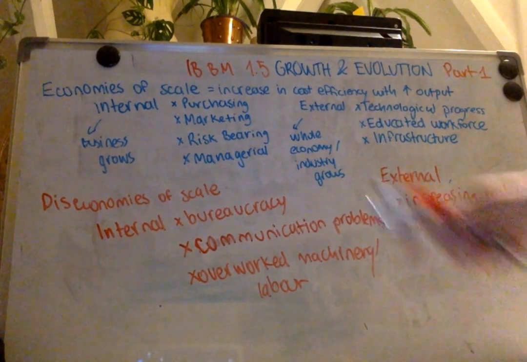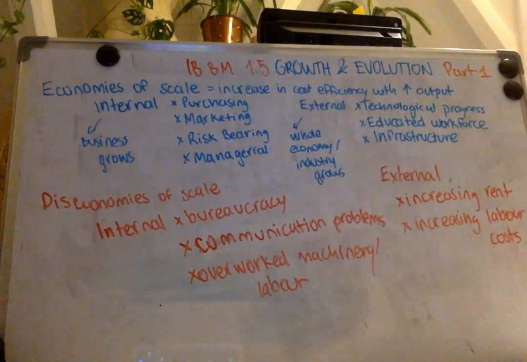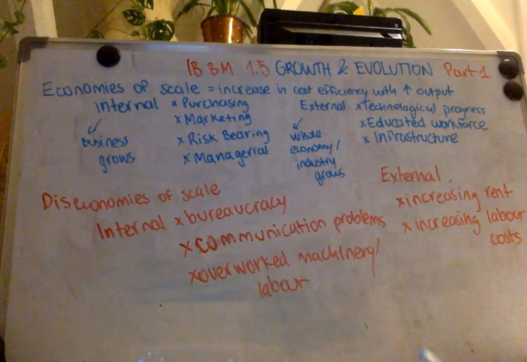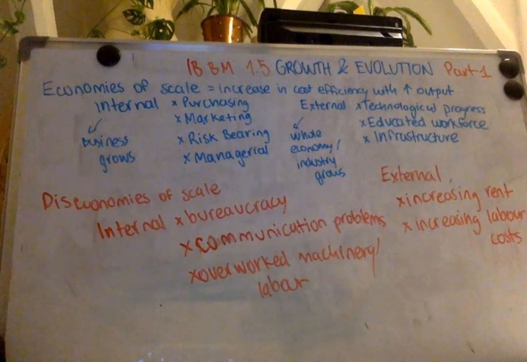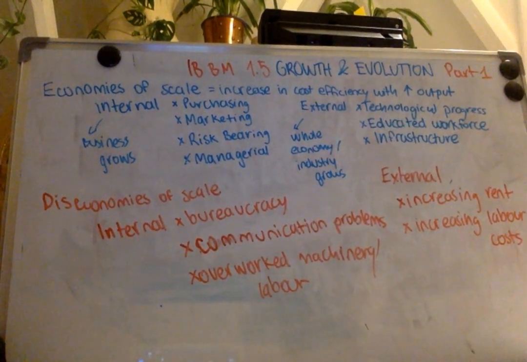In terms of internal, those come from the business itself growing. Some of the economies of scale that can occur are, for example, purchasing. If we are producing more, that means we can bulk buy from our suppliers, meaning we can get a lower price. Marketing.